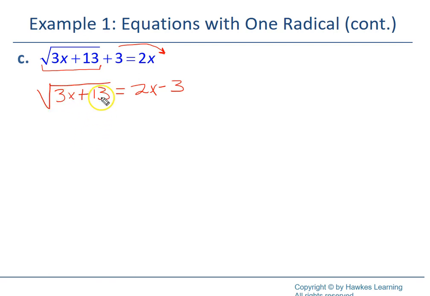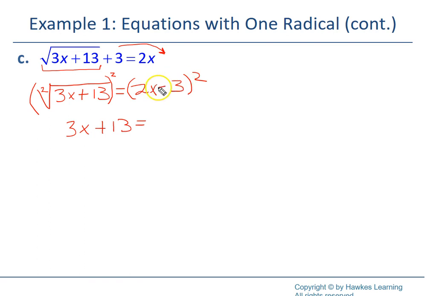Now, what's the rule for getting rid of a radical sign? Well, whatever the index number is, we raise that to that power. But if we square this side, we must square this side. So this side will just become the radicand, 3x plus 13.